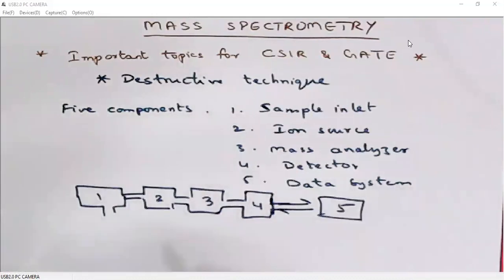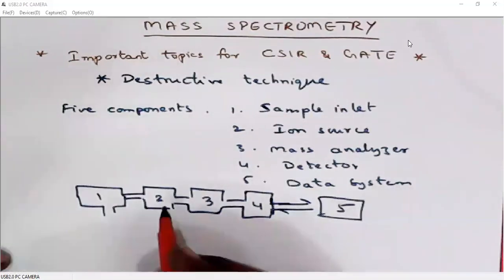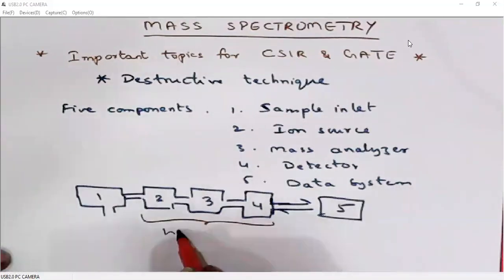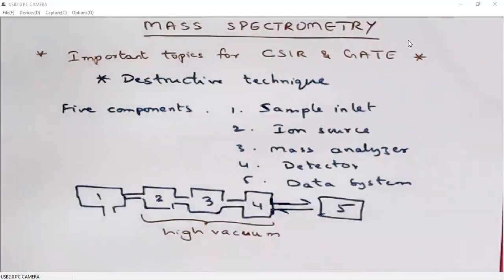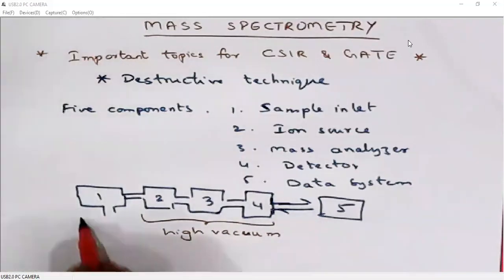Generally, we apply very high vacuum from ion source to detector to avoid unnecessary ions. Of course, at the inlet also we apply vacuum, but it is not very high, it is a low vacuum.